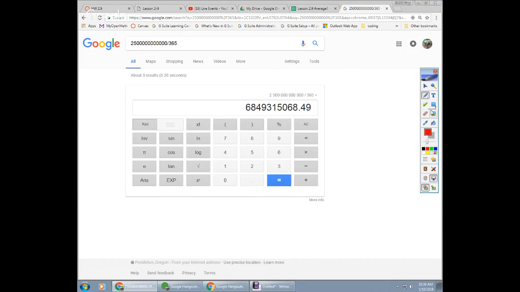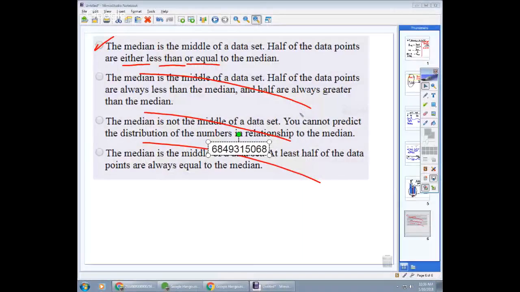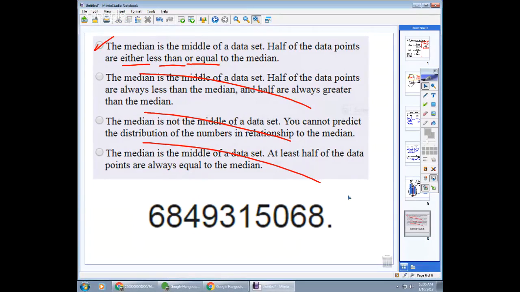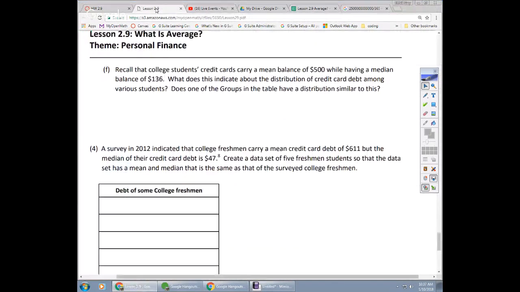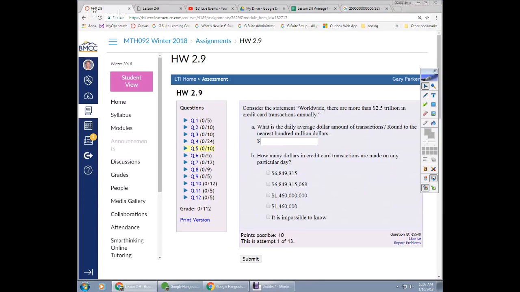Let me copy that into my sheet so I can throw commas on it. Hang on, let me throw some commas in here and catch up to you. 1, 2, 3, comma, 1, 2, 3, comma, 1, 2, 3, comma. Okay, so that is about 6.8 billion.